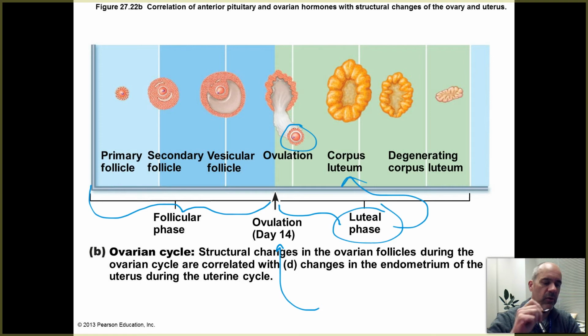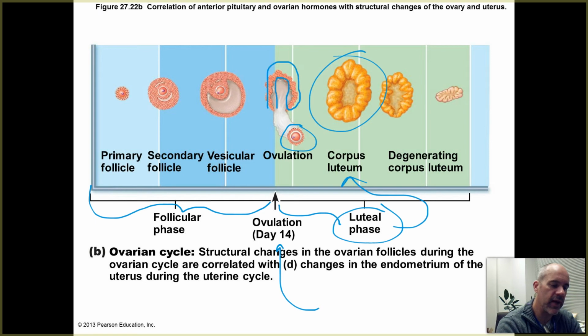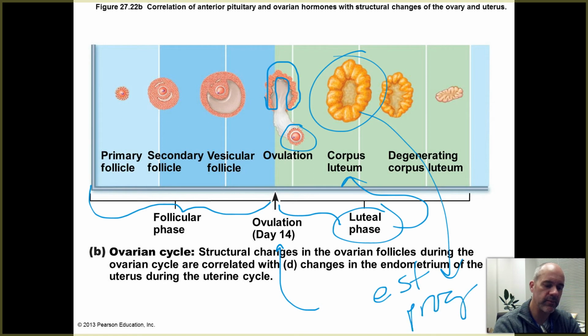Luteal is referring to the corpus luteum, which is created from the leftover granulosa and theca cells of a mature follicle. And that becomes a little miniature endocrine organ that produces estrogen and progesterone, very necessary to maintain the inner lining of the uterus and to make it suitable to support an embryo if it implants.